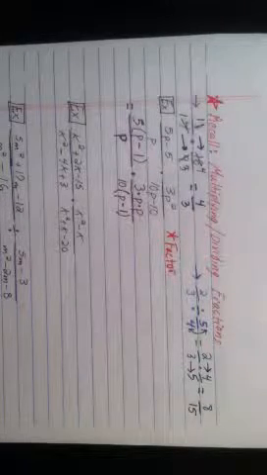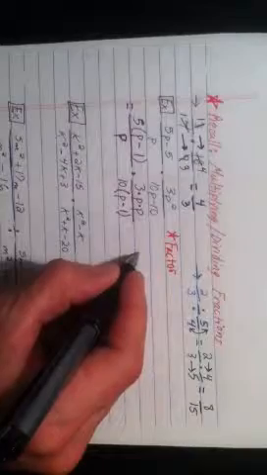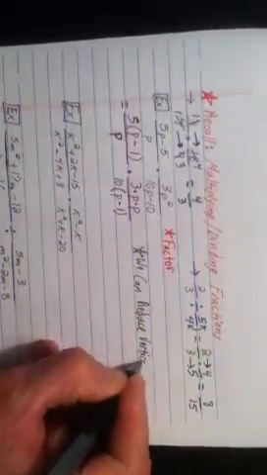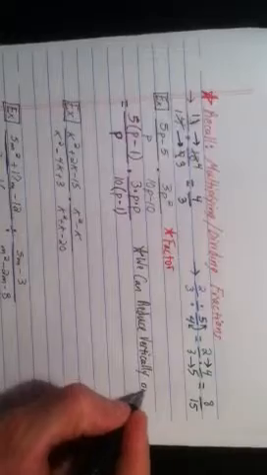So this is nice, it saves us some steps. So I'll probably want to write that in. We can reduce vertically, or diagonally, but only when we are multiplying.